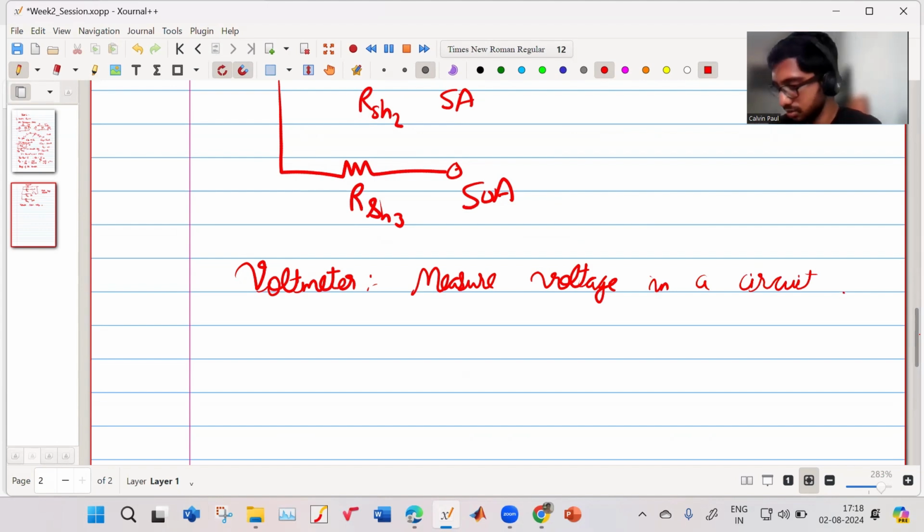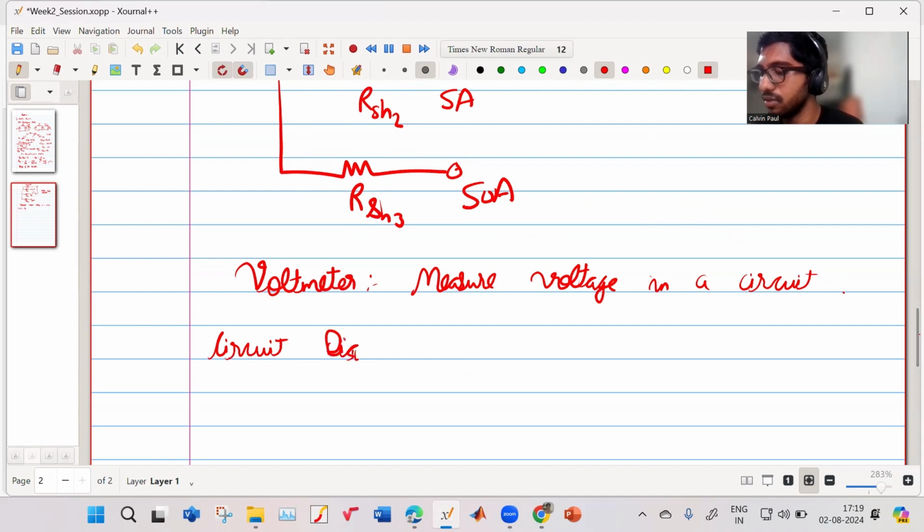I assume you are from engineering colleges or have done your engineering, so you would have had experiments where you have to connect rheostats, ammeters, voltmeters, etc. When you are doing a particular experiment and making a circuit, first you will be given a circuit diagram in the lab.